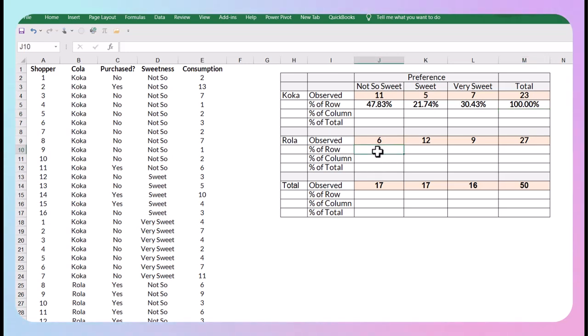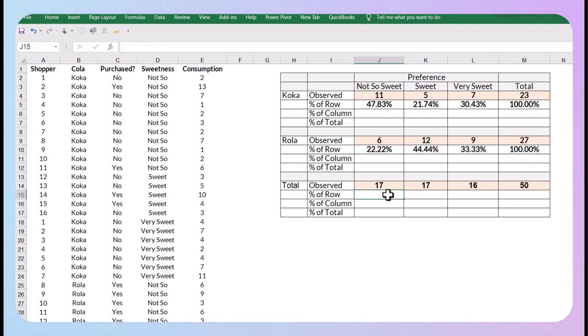Now I'm going to do the same thing here. I'm going to take the 6 divided by the 27, and the 12 divided by the 27. Yes, there are some quicker ways to do these formulas, but I'm doing it the lazy person's way today. Then I'm going to total those to make sure they add up to 100.